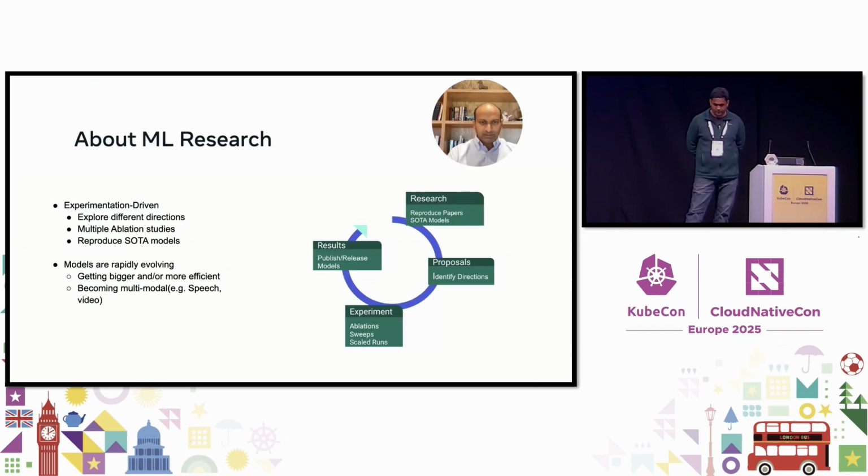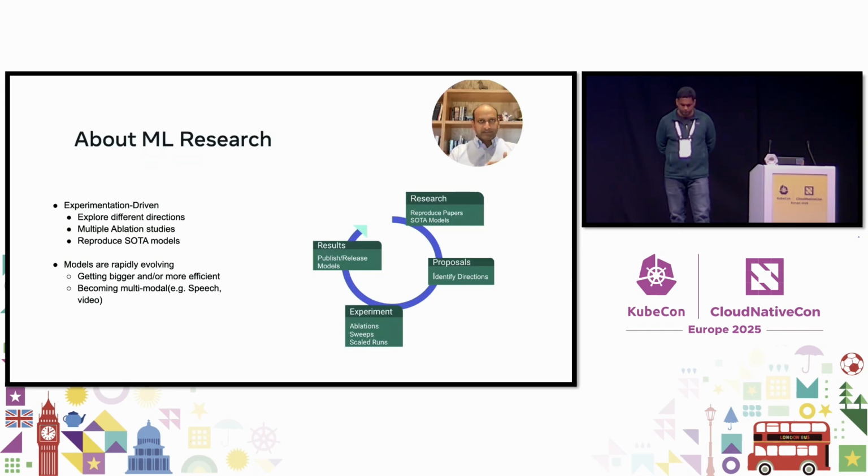Let's go through a typical research lifecycle. Researchers are reading papers, understanding the latest model innovations. They're reproducing the results from open source, or they are starting with a state-of-the-art model that they have and trying to identify future directions. They eventually come up with some proposals, right, based on the directions they identified.